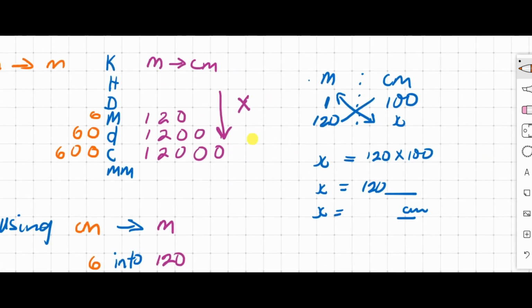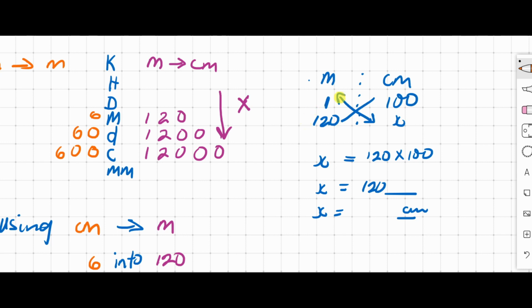Another way of looking at this is to say, if 1 meter has 100 centimeters in it, it's a ratio of 1 to 100. I have 120 meters and I need to find the unknown in centimeters, so I can find the cross product.